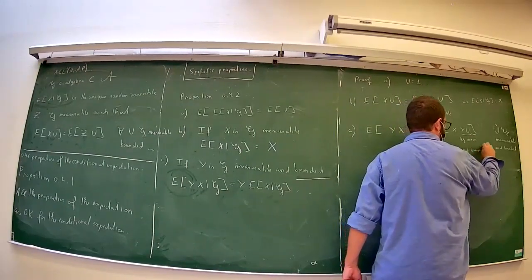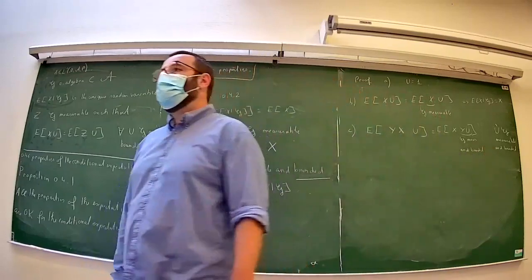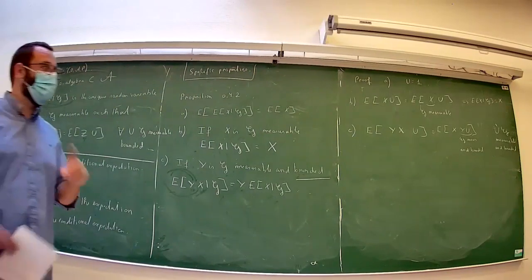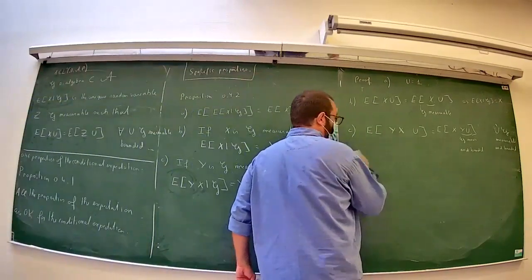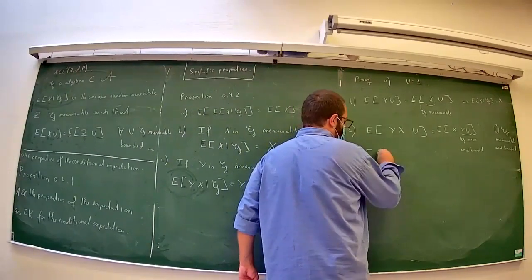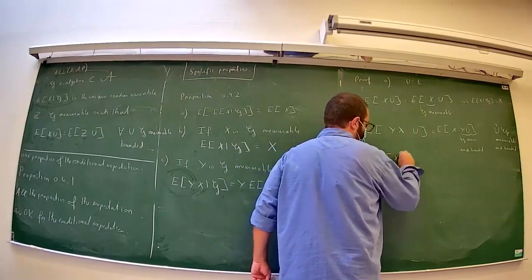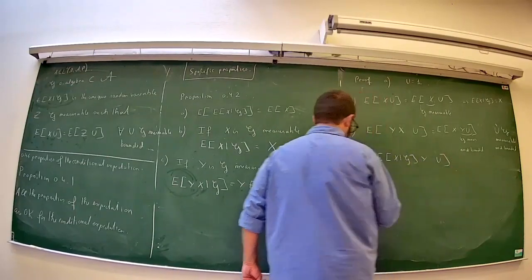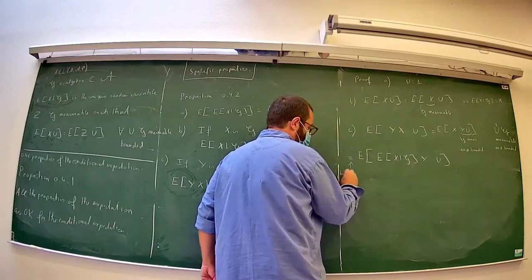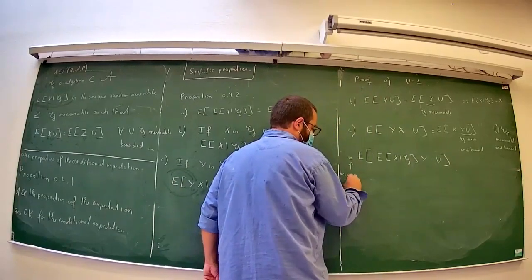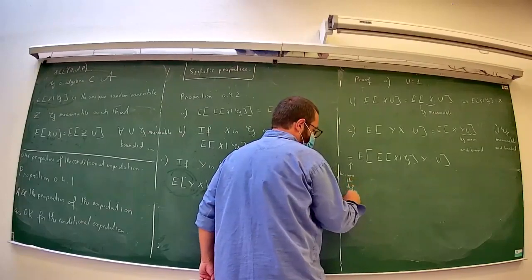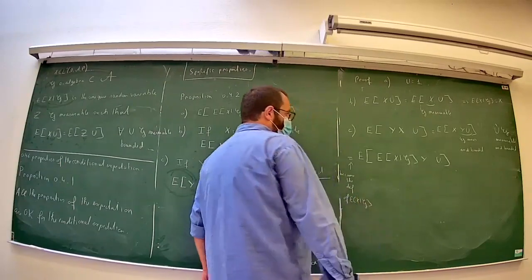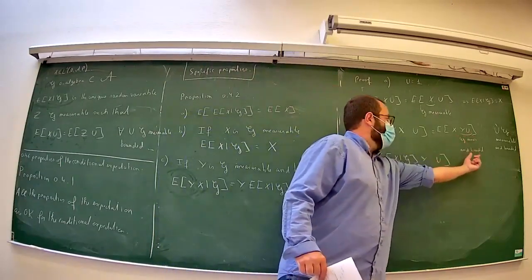Since this product is J measurable and bounded, by the definition of the conditional expectation of x, this is equal to the expectation of the conditional expectation of x given J multiplied by y times u. The argument here is the definition of the conditional expectation of x given J, and because here I have something that is J measurable and bounded.